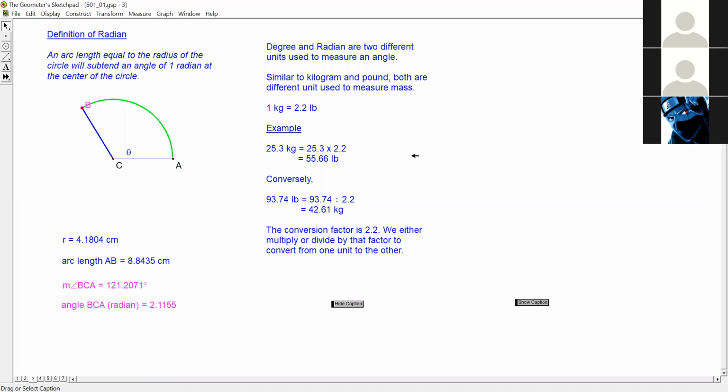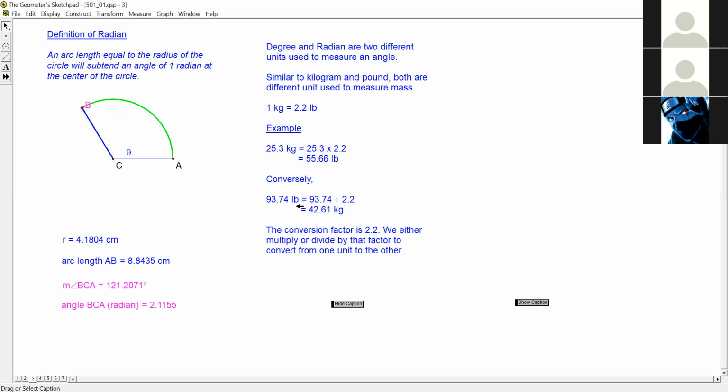In order to switch from one unit to another, I need to multiply with 2.2. Let's say I have 25.3 kilogram multiplied by 2.2, I know my weight is 55.66 pound. Or somebody from the United Kingdom comes here and tells me their mass is 93.74 pound.